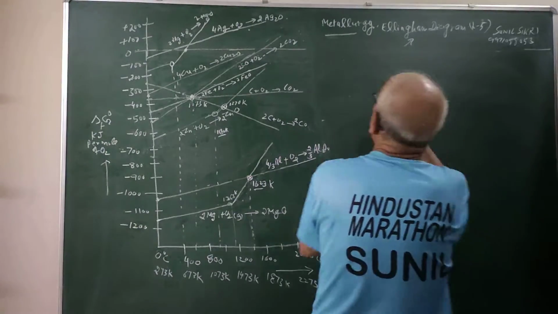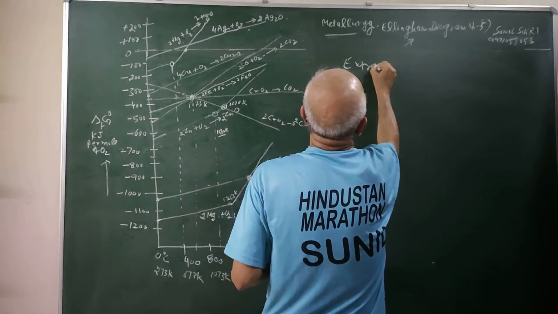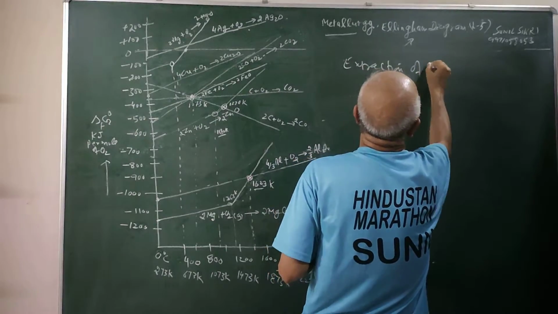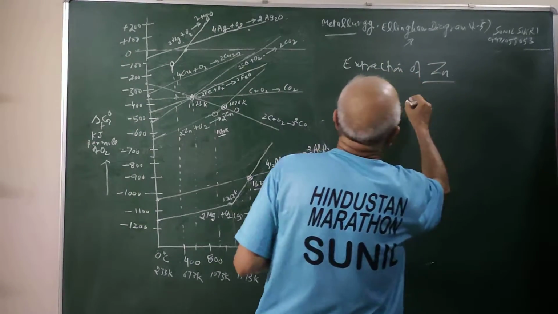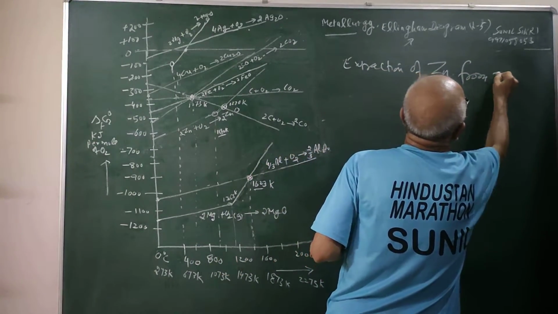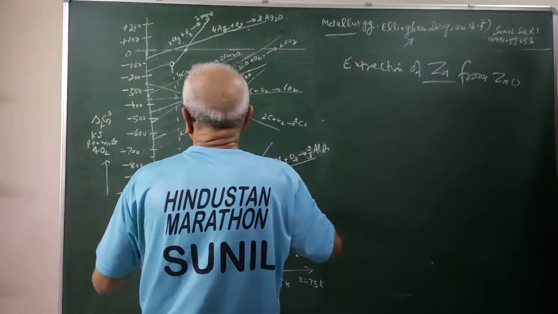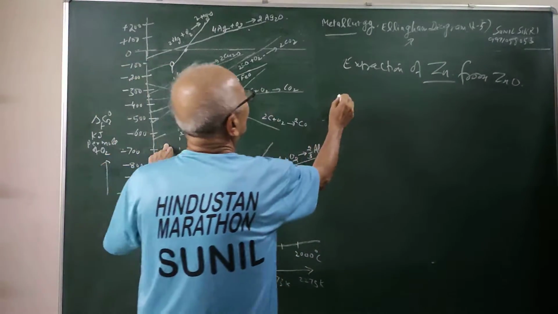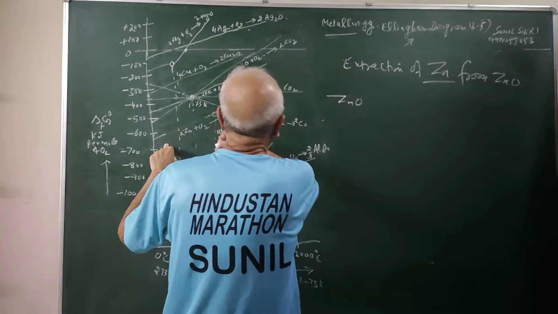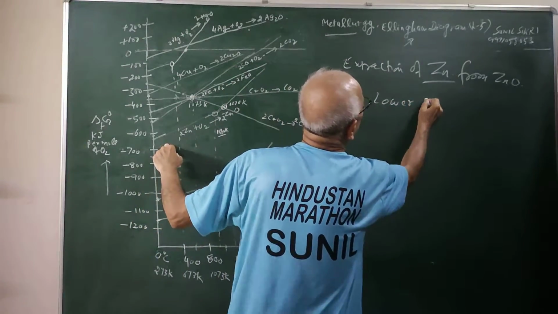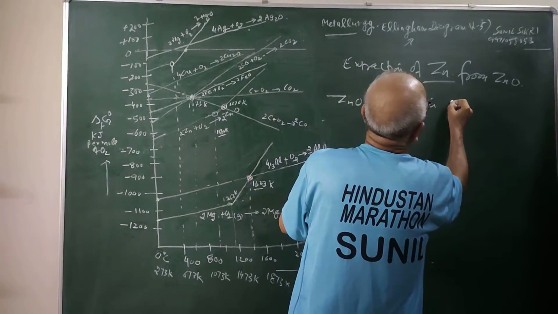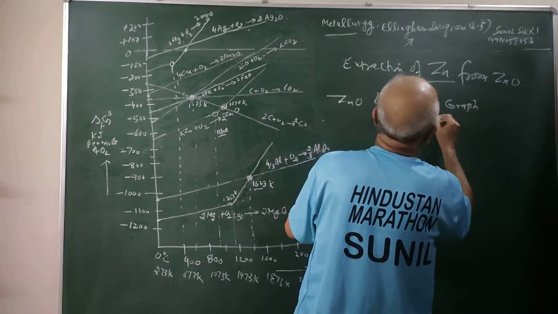Let me see for zinc. In the extraction of zinc from zinc oxide, where is zinc? Zinc is much lower. You can see ZnO is lower in our graph of the Ellingham diagram.